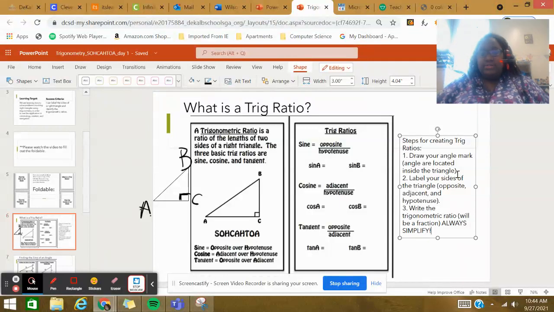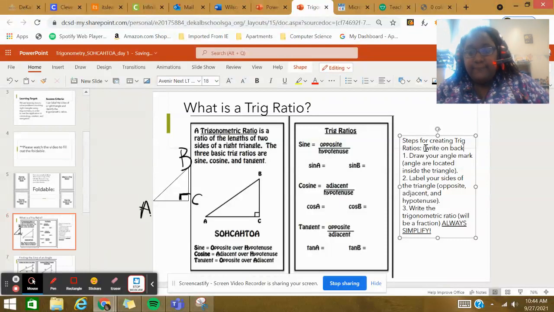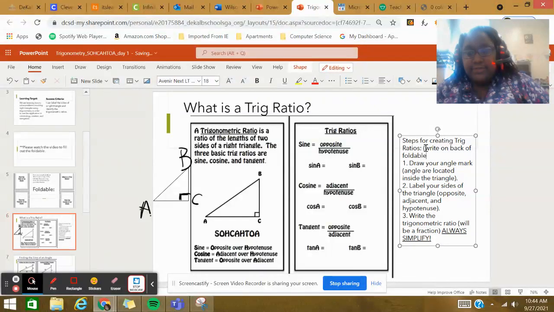Always simplify. Okay. And I'm going to underline that part too. So again, copy this on the back of your foldable. And I'm going to put that in writing as well. We go back home and I'm going to underline this. So please write these steps on the back of your foldable.